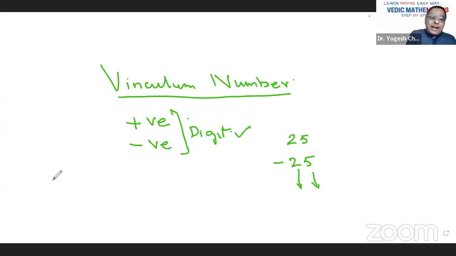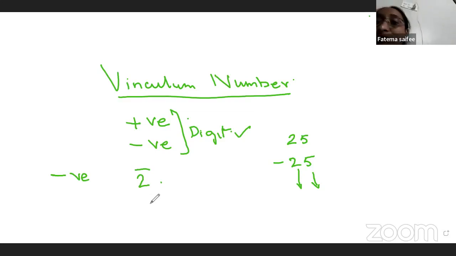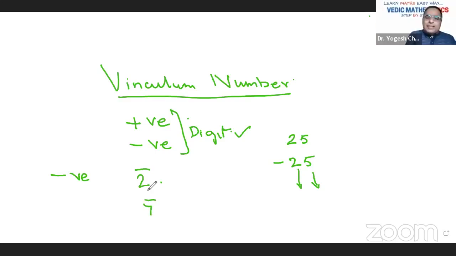Negative digits in Vinculum numbers are represented as a bar on the top. For example, minus 2 is written as 2 bar. If it is minus 7, we write 7 bar.